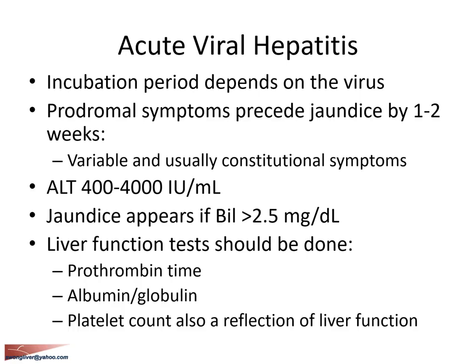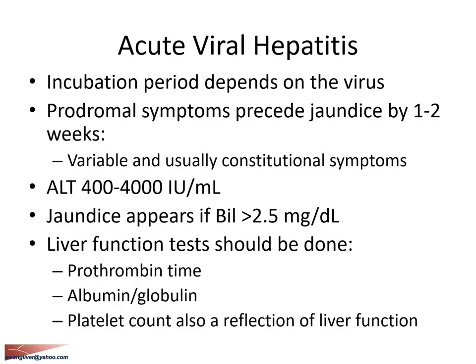And of course, if you have acute viral hepatitis, you should always check the liver function tests. Now, the ALT and AST are not liver function tests. They are liver enzymes. As the name implies, liver function tests test the function of the liver. So prothrombin time, your clotting factors, the components of your extrinsic coagulation cascade, are usually produced by the liver.